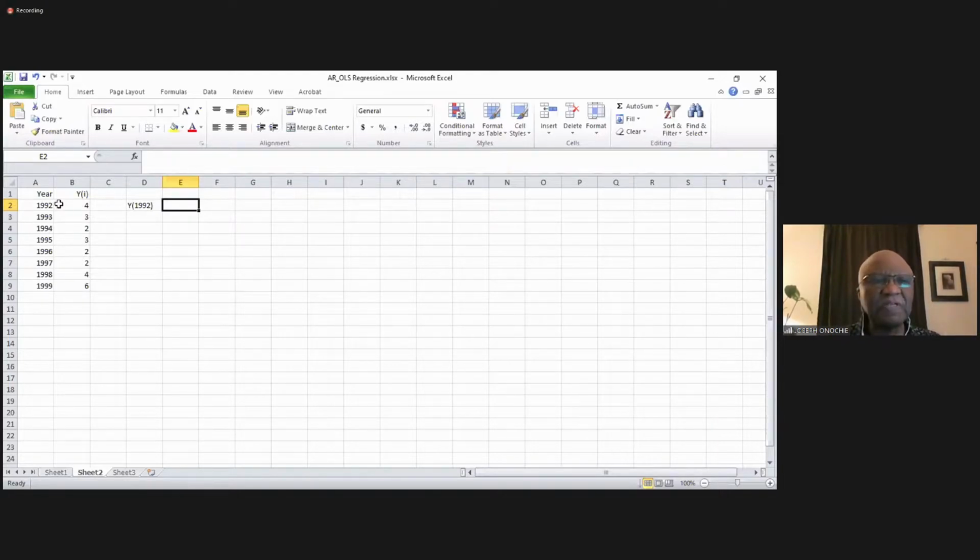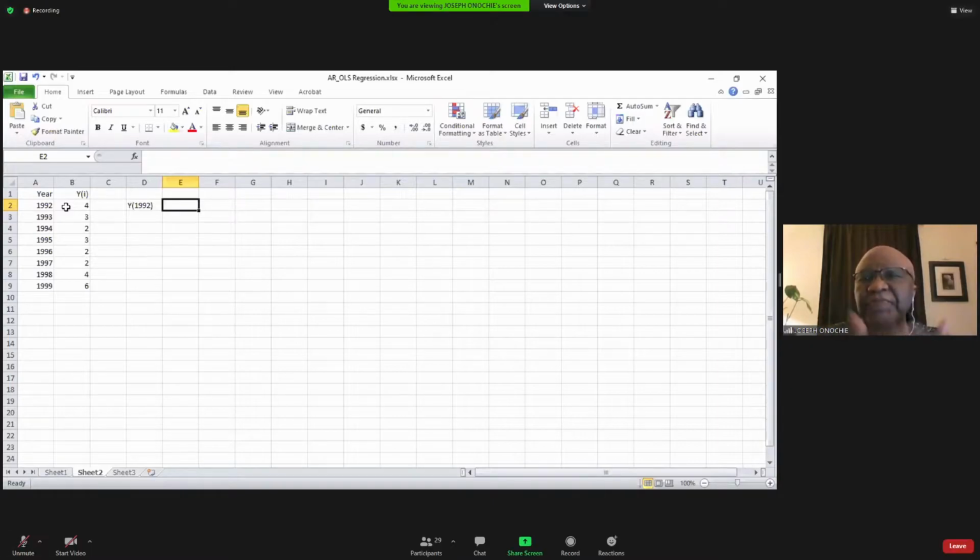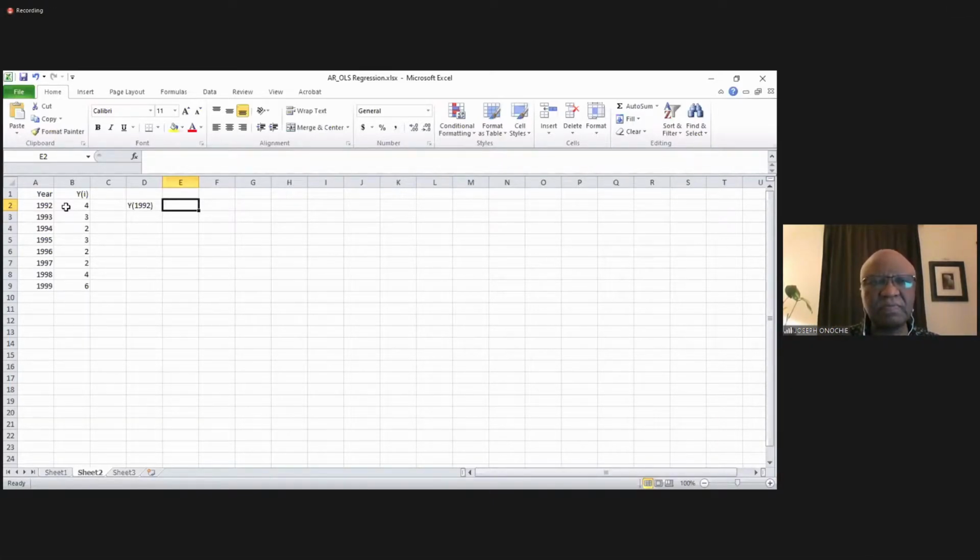Why? Because the return in 1992, what numbers can the return take? Does anybody know? What are the possible numbers for the returns? Exactly. So this variable itself can go from minus infinity to plus infinity.